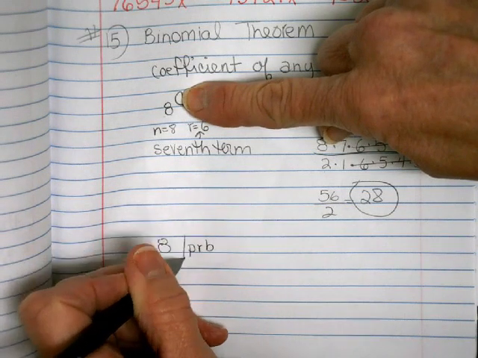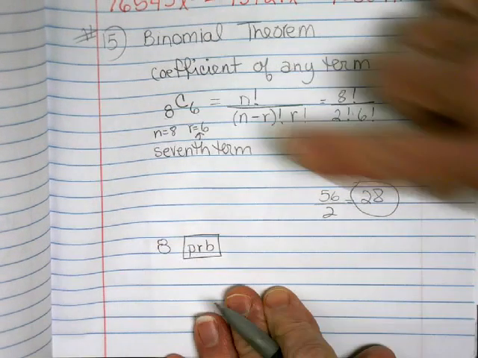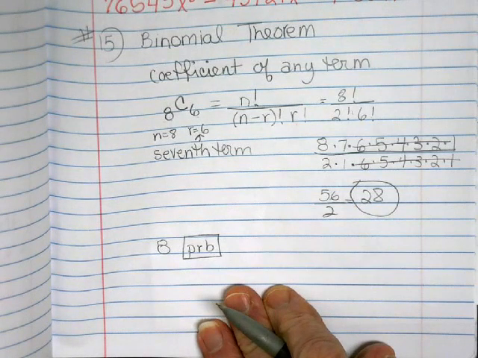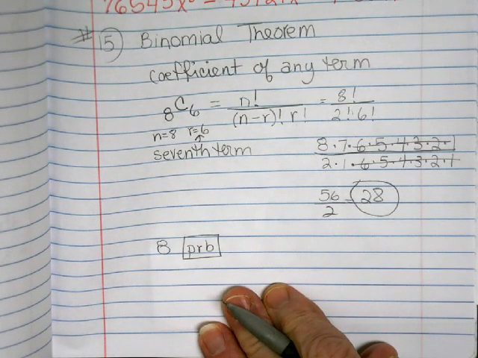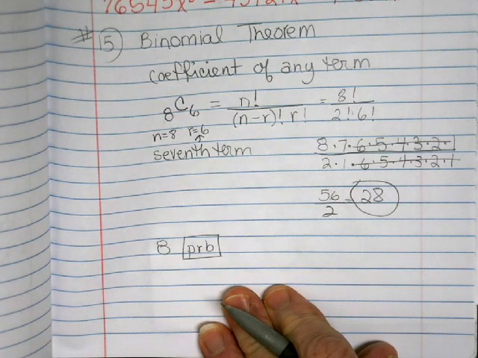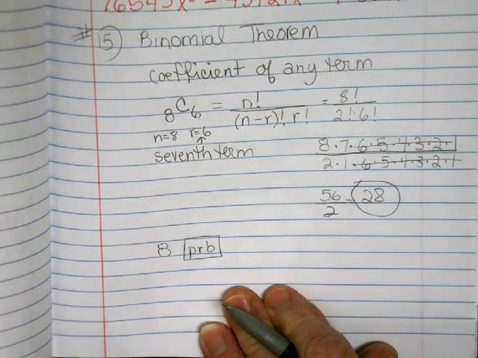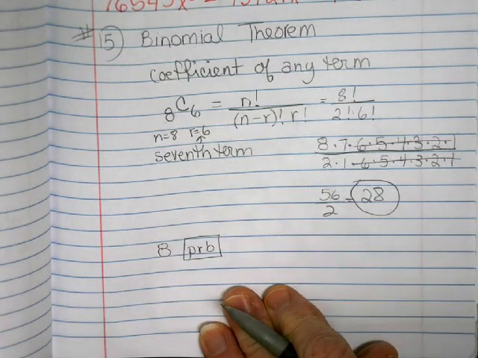You hit the PRB button. Anybody use that button before? Somebody showed this to me last year, they'd seen it in honors geometry. It depends on your experience and your teacher and if you got to probability. Anybody use that PRB button before? Oh, okay. I'll show you where it is.